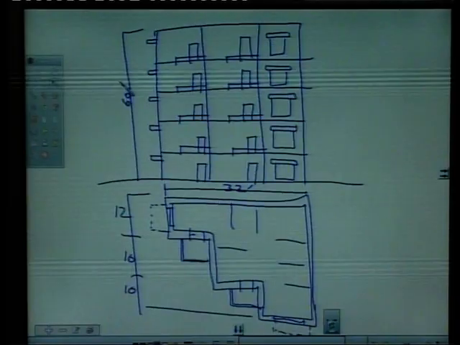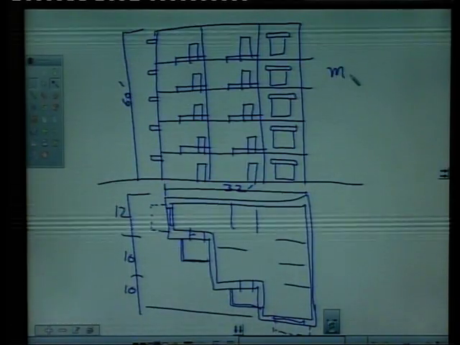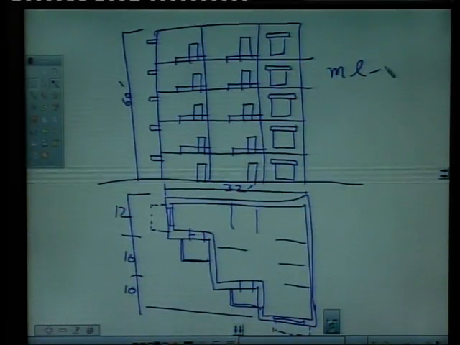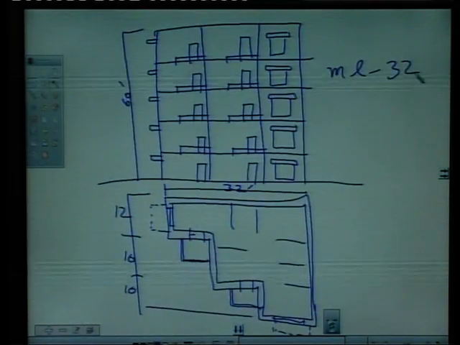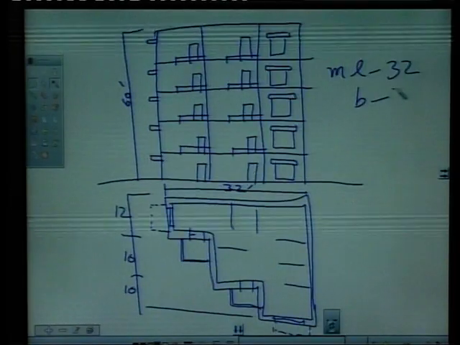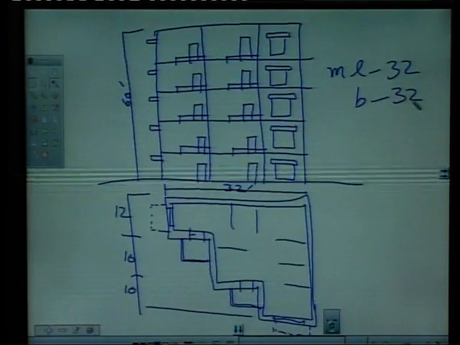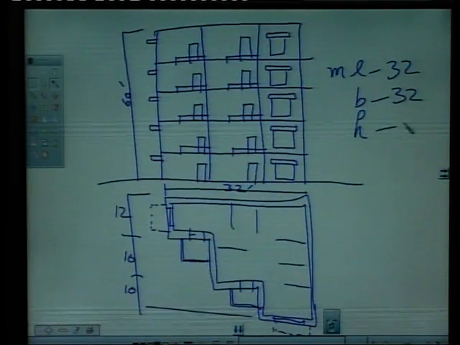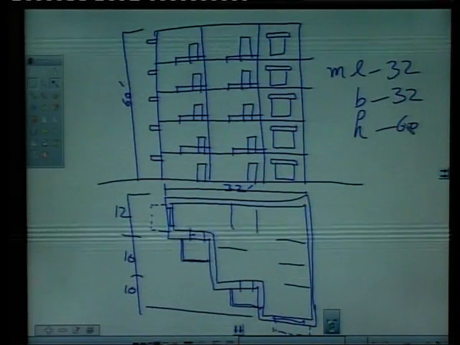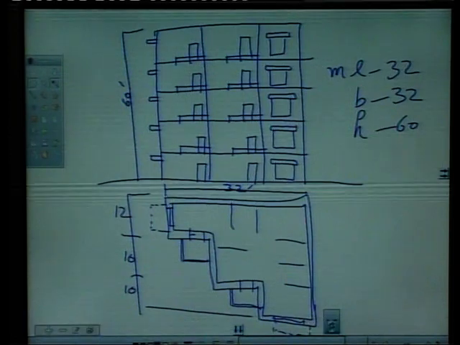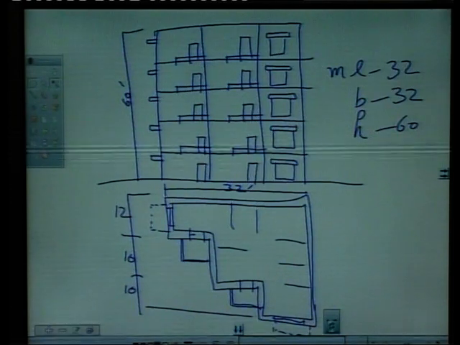So, we have maximum length, say this is the length which is 32 feet, maximum breadth say which is also 32 feet, and maximum height which is say 60 feet, right. Clear? How to draw the isometrics? Very simple.